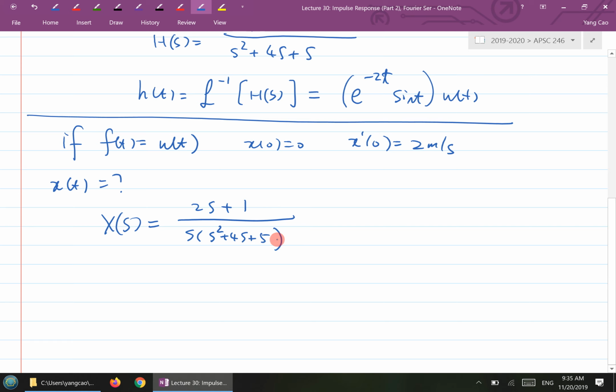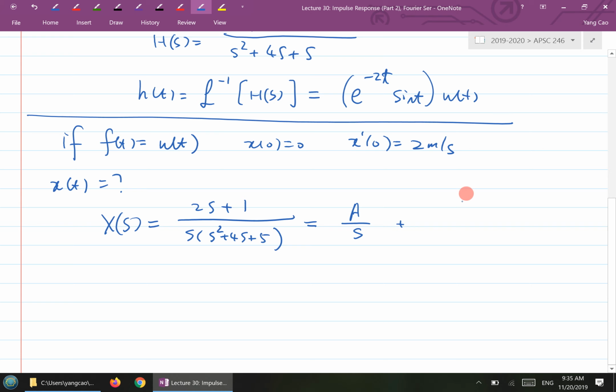Okay. So you're going to get x of s equal to this, and then you take partial fraction expansion. There are two terms in the numerator. One is s, the other is s squared plus 4s plus 5. And the solution for this quadratic turned out to be a complex conjugate pair.